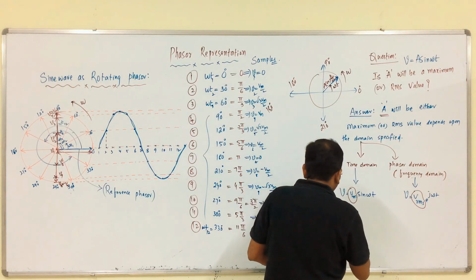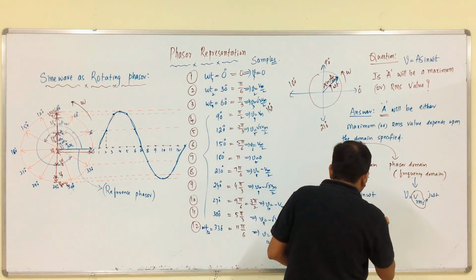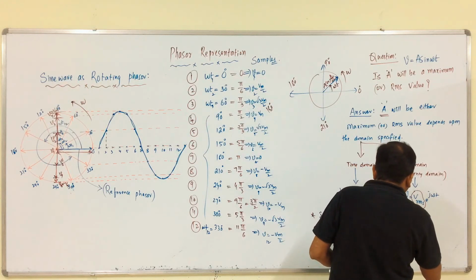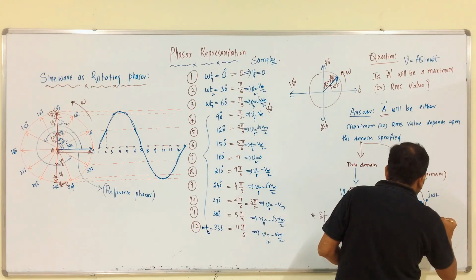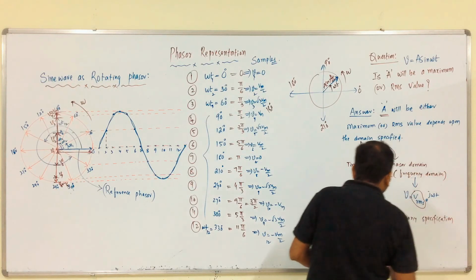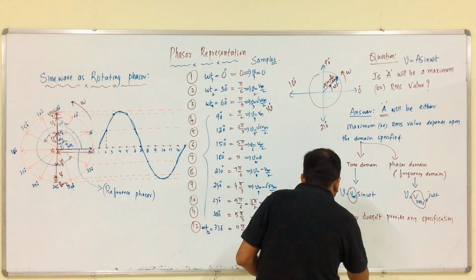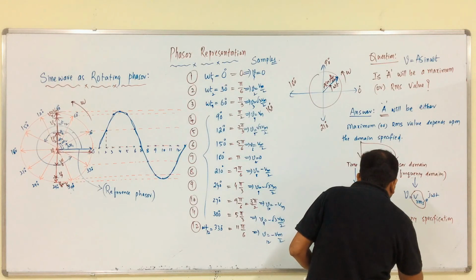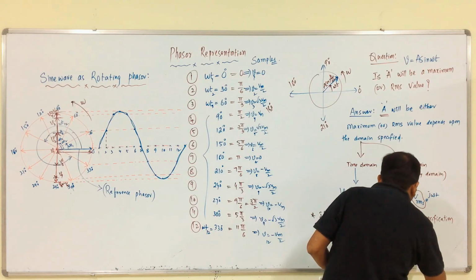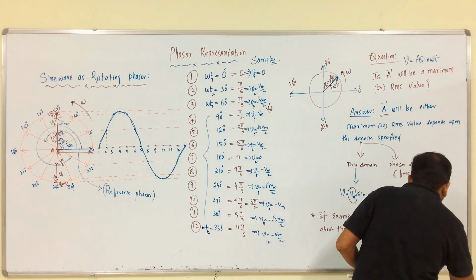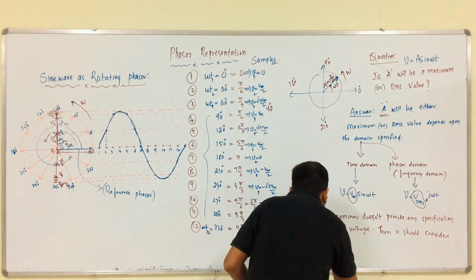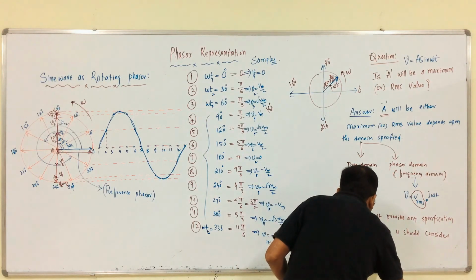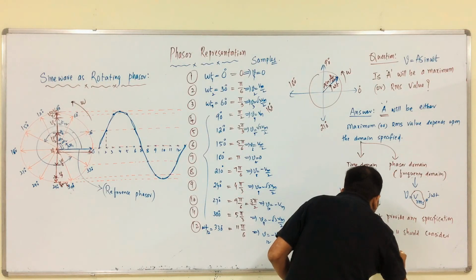Okay. For example, if the examiner doesn't provide any specification about the voltage, then you should consider the RMS value preferably.